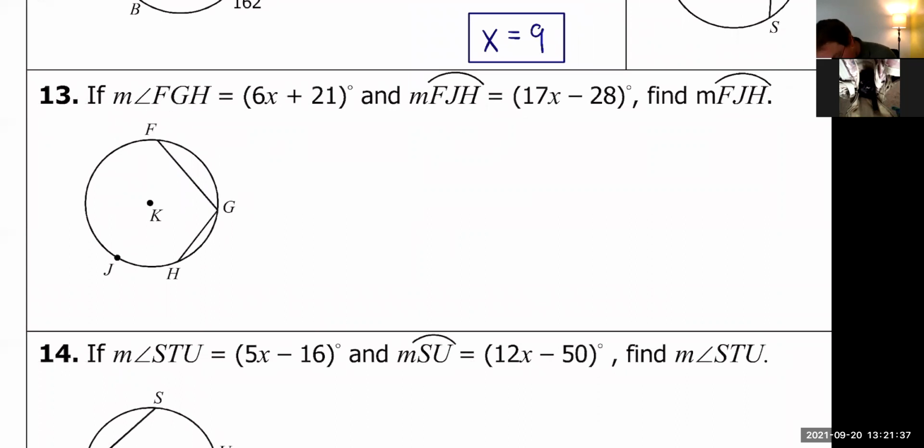It's telling me the measure of angle FGH, which is right here, is 6x plus 21. And the measure of arc FJH, which conveniently is the intercepted arc, is 17x minus 28.